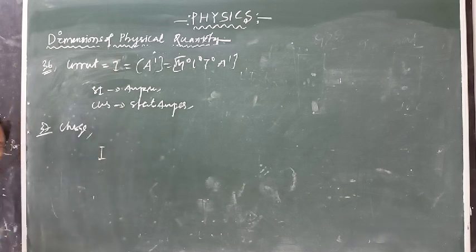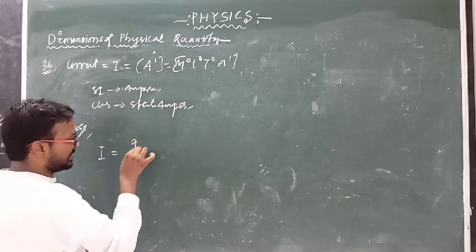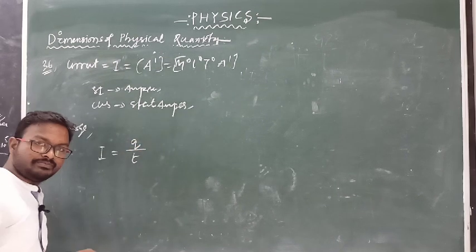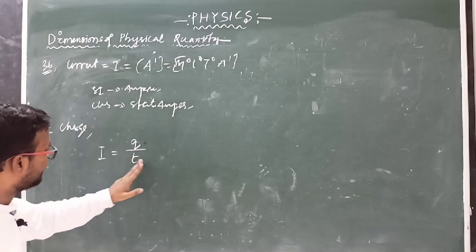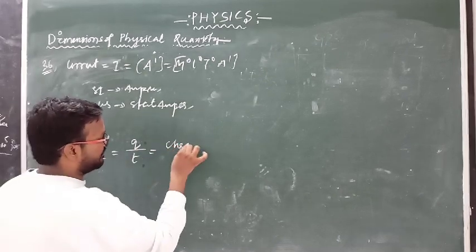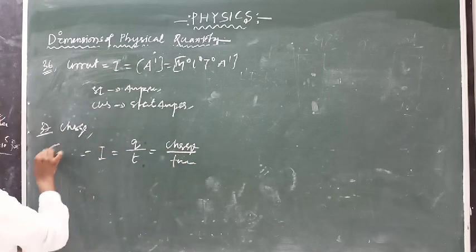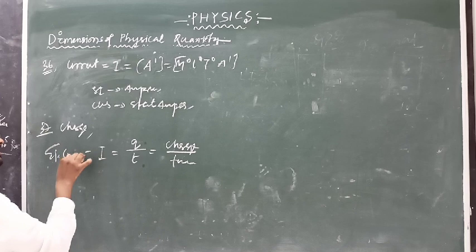What is the mathematical formula of electric current? I equal to total amount of charge flowing per unit time. Total amount of charge divided by time, we get electric current. And here this is charge. Charge divided by time is equal to electric current. Clear?